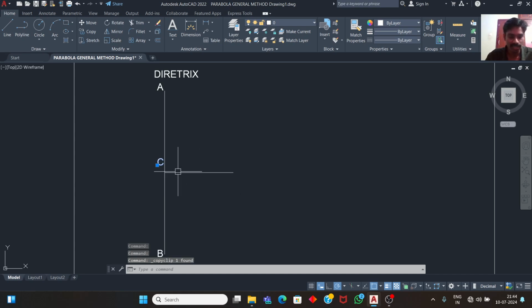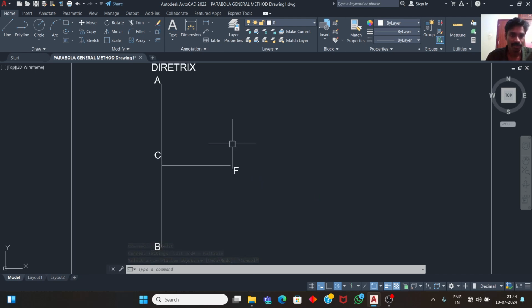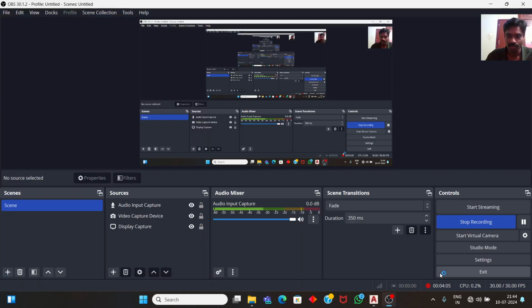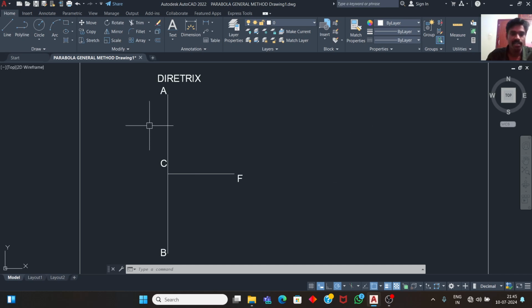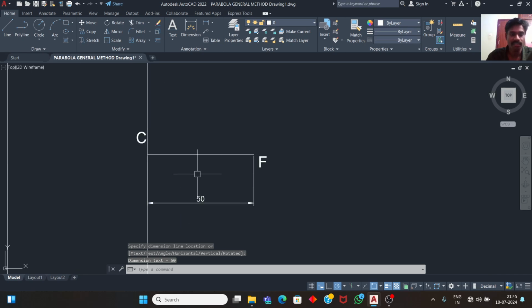I am copying C and pasting it here. Double click on C and edit it as F. This is the focus point. Focus will be indicated by F. Next, mention the dimension from C to focus. Yes, it is exactly 50.